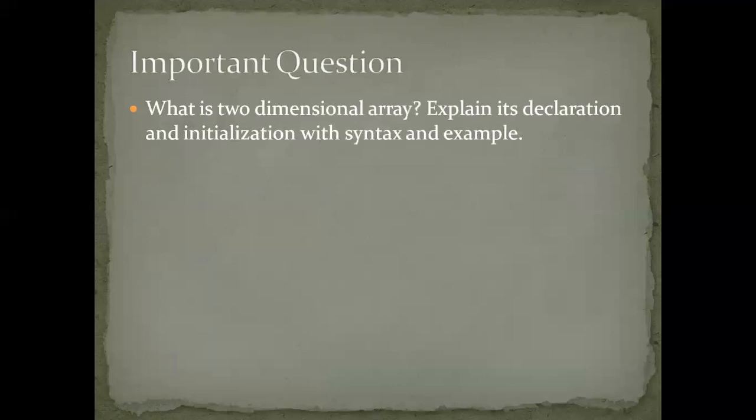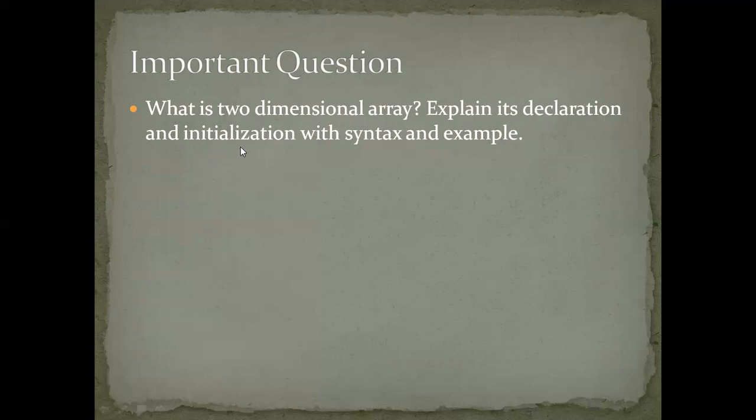So we have covered the two-dimensional array. Now let us see the important question you can expect from the examination point of view. The question can be: what is a two-dimensional array? Explain its declaration and initialization with syntax and example. For this, you have to write the definition of the two-dimensional array and its declaration, how we can declare, with syntax and example.